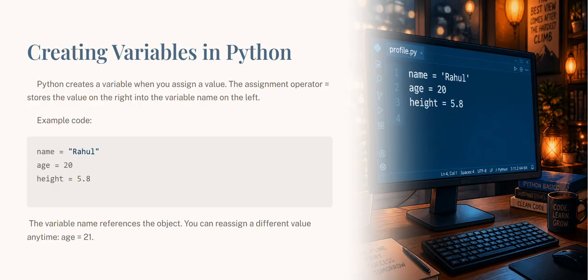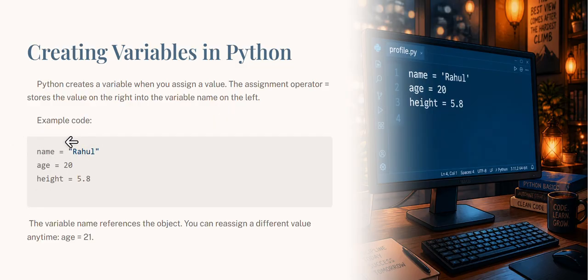Creating variables in Python. How do we create a variable in Python? Python creates a variable when you assign a value. Assigning a value means that here you have written name is equal to Rahul. It means that you assign the name Rahul in the storage box called name. Equal to is the assignment operator. It stores the value on the right into the variable name on the left.